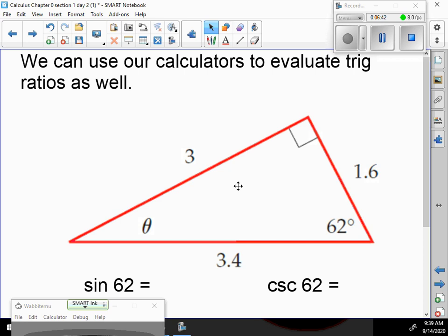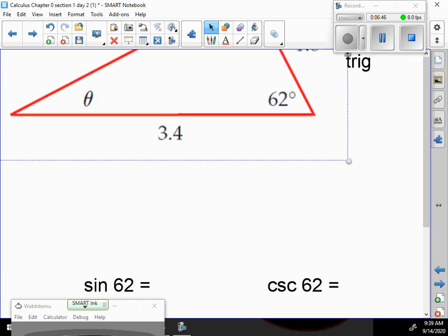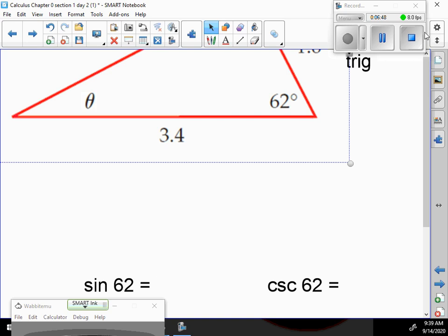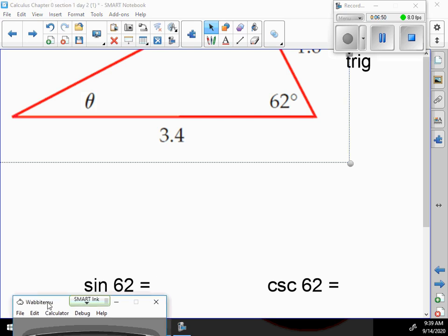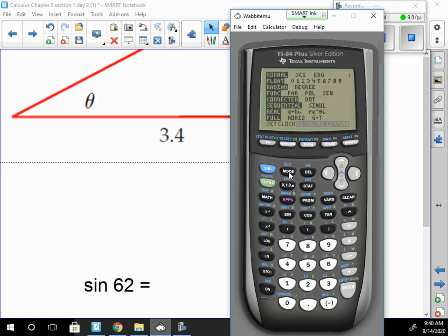So I have my triangle, but I don't need it this time because I'm going to use my calculator to find these values. So if I bring up my graphing calculator here and I type in sine 62. Now, before I do that, I should go in and check my mode.